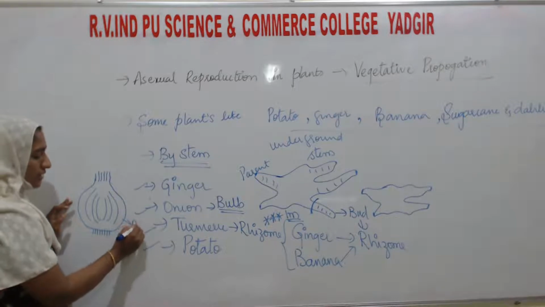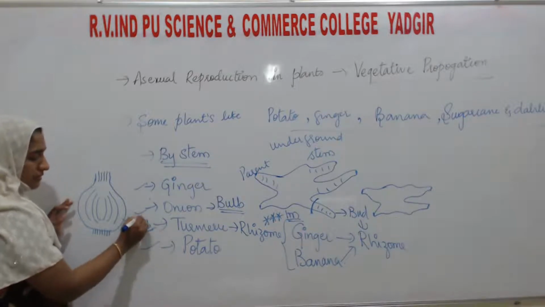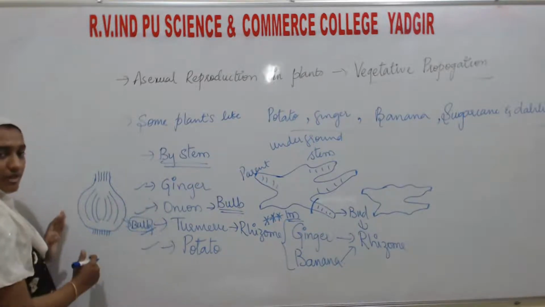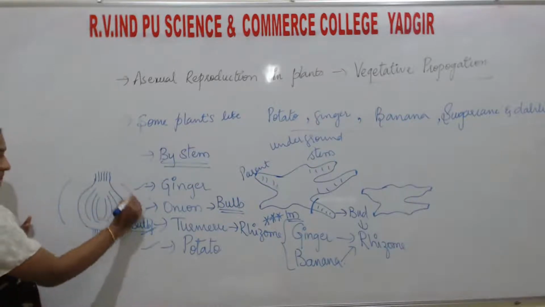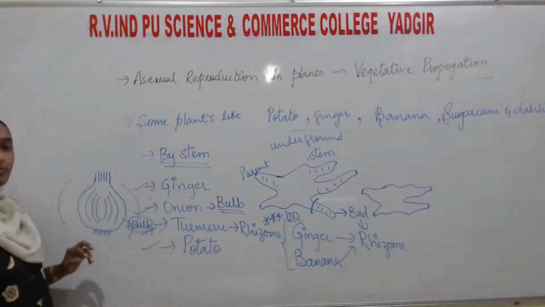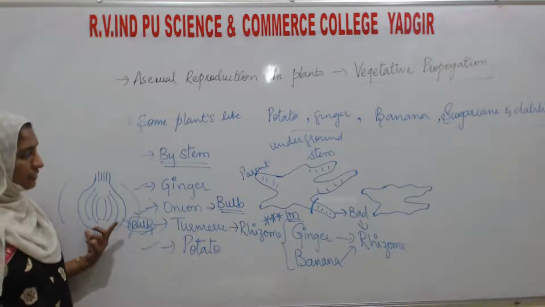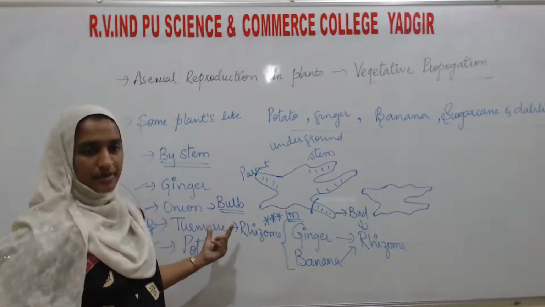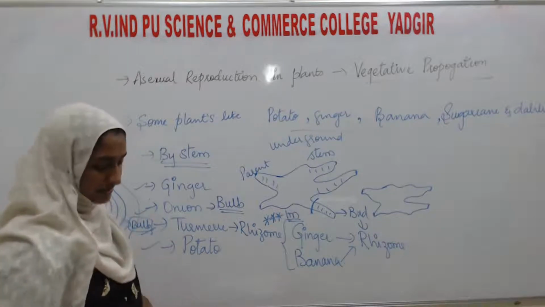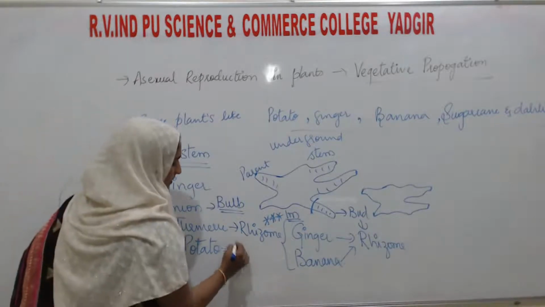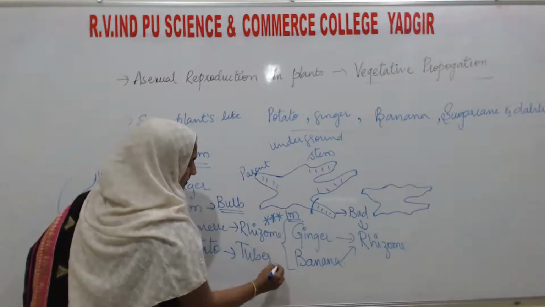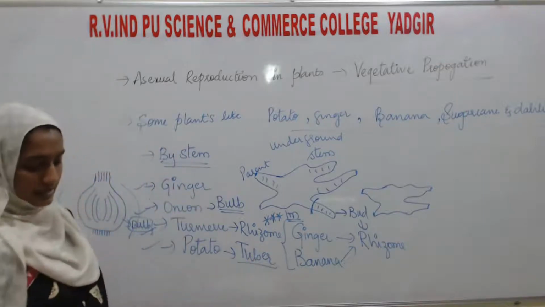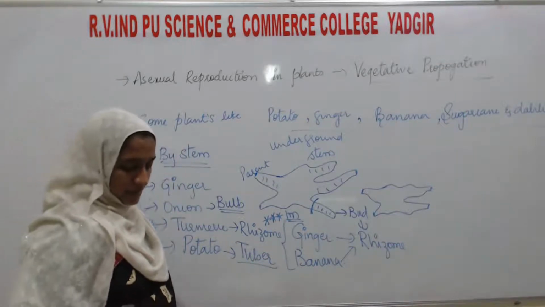One layer you can call the bulb. This bulb gets detached from the main body like this, and it will form a new plant. So in the onion it will be bulb, and in the potato it is tuber. Potato, that is the tuber.